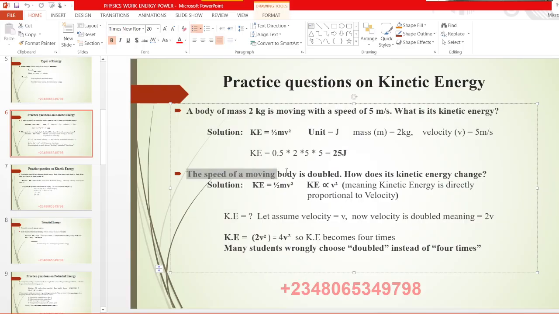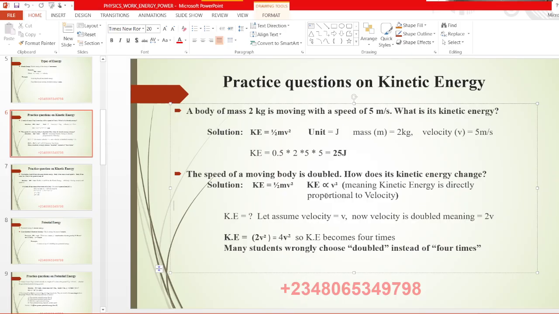The speed of a moving body is doubled. How does this affect the kinetic energy? There is a moving body and the speed is doubled. Our kinetic energy, we know, is half times mass times velocity squared.